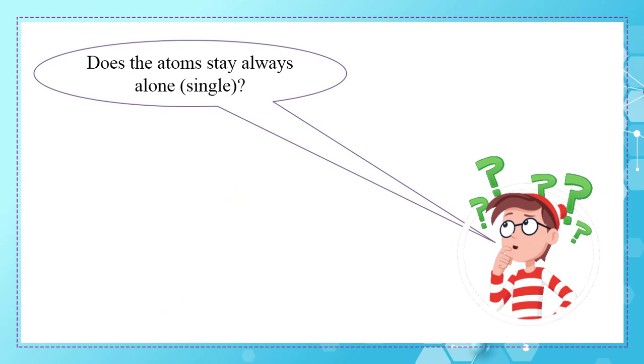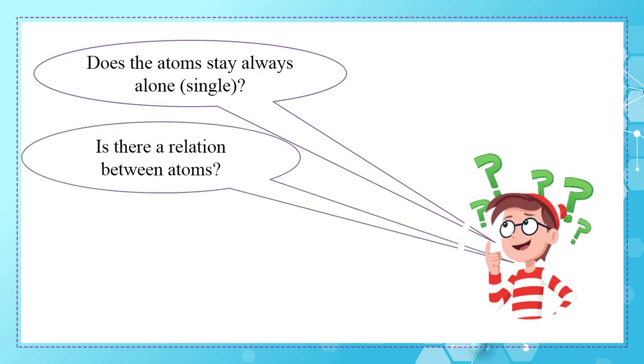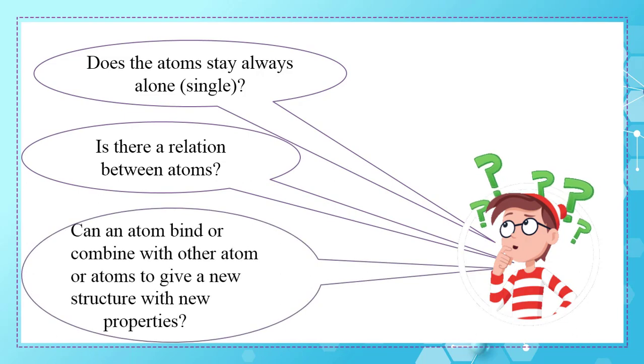Questions. Do atoms always stay alone? Always single? Is there a relation between atoms? Can an atom bind or combine with another atom or atoms to give a new structure with new properties?